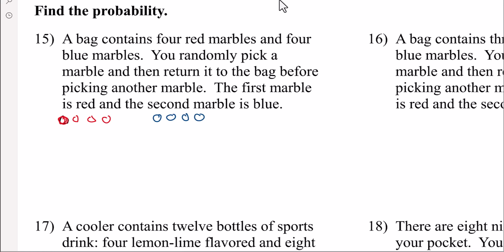So the first marble is red and the second is blue. There is a total of 8 marbles in the bag, but 4 of them are red. If you randomly pick a marble, then return it to the bag before picking another marble, the first marble is red. So the probability of picking a red marble is 4 possible options out of the 8.